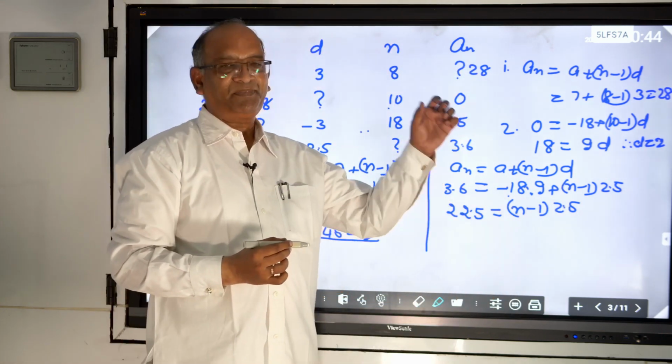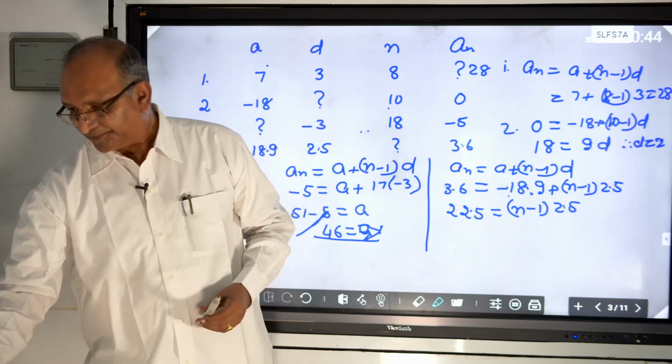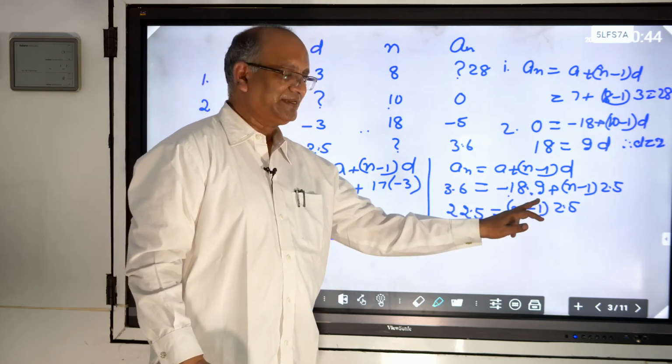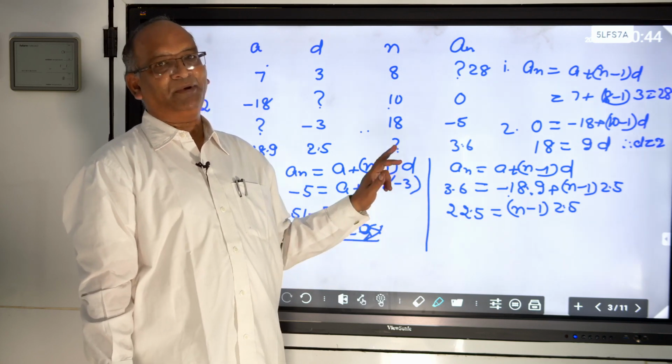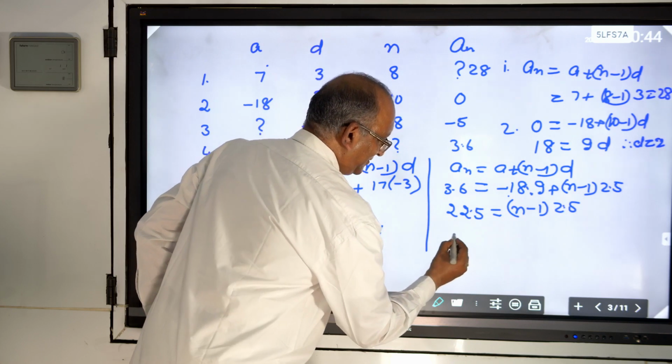Now we have multiplication. So how do you solve when there is a multiplication? We shift the number to the other side. Anything in multiplication, when taken to the other side, goes to the denominator or it divides. So divide by 2.5.